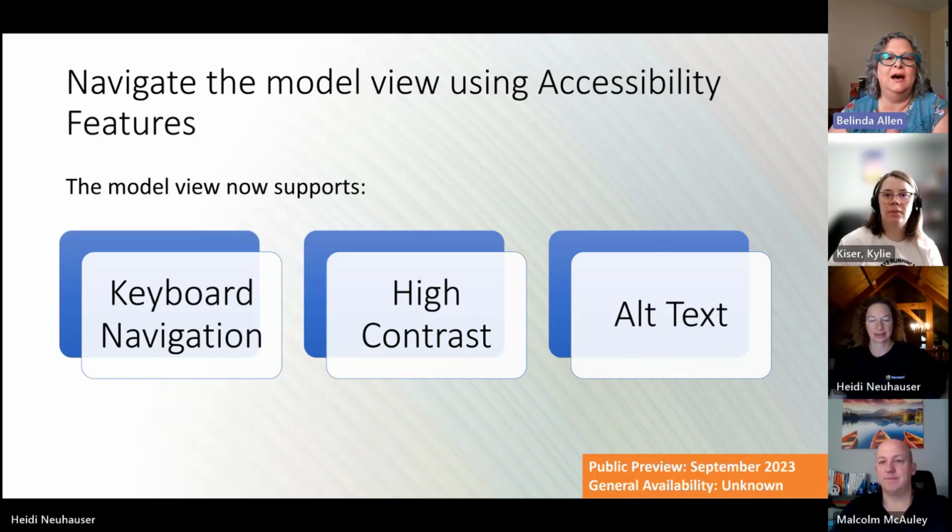But there's even people who have ADD and ADHD issues. On the PowerPoint screen you're seeing here, each of those three bullets are easy to separate because of the blue box behind them, because of the border around the white area, and especially on the right side in the alt text one, the color is very different.